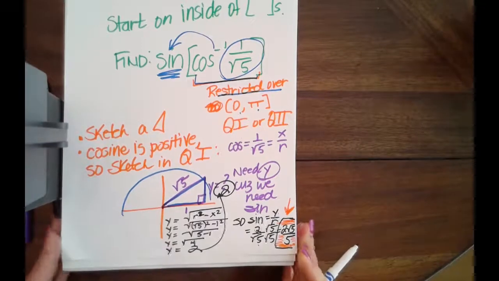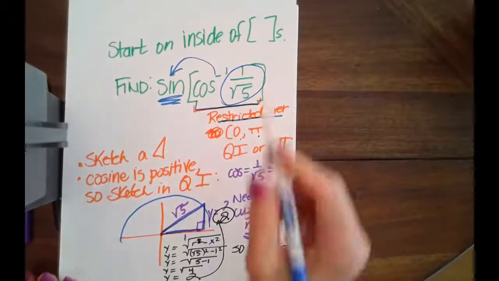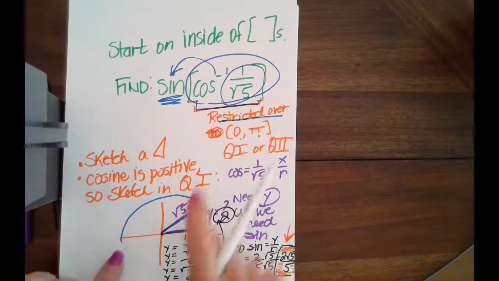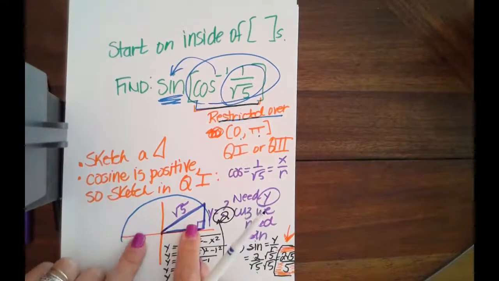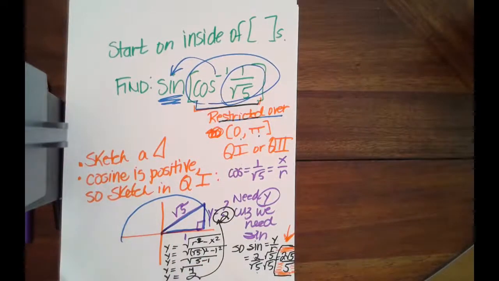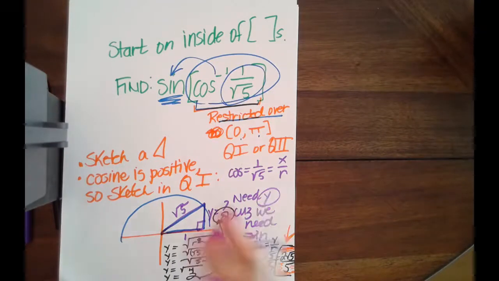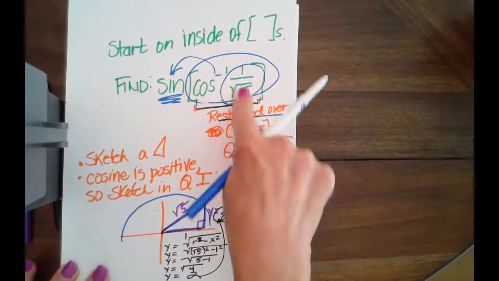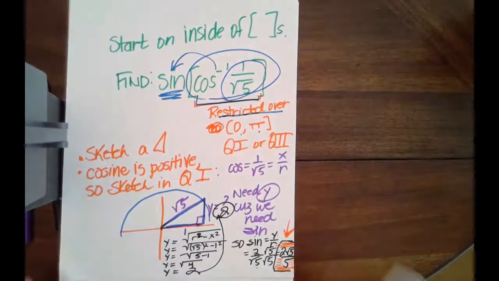Okay, so again, this is going to occur when you have something here that you don't recognize, you haven't memorized. So you're going to sketch the triangle, you're going to resort to the restricted areas. You're going to determine, okay, of the restricted areas, I'm limited to 2 quadrants. Which quadrant is mine going into? Well, in this case, we knew it was quadrant 1 because my cosine value was a positive 1 over radical 5. So I sketch my little triangle.